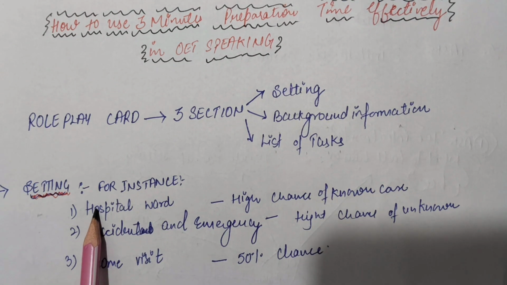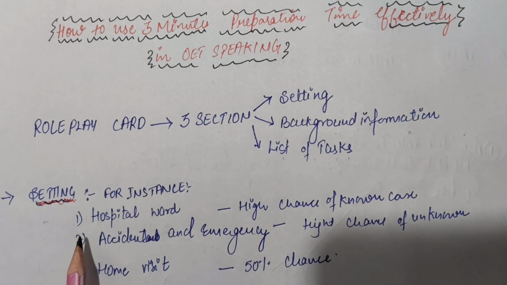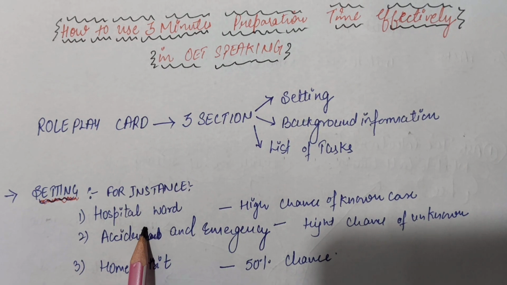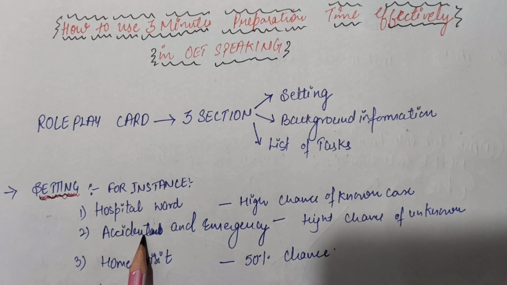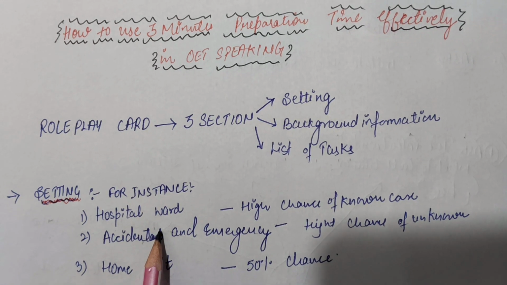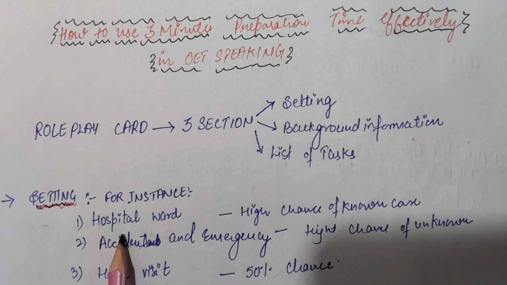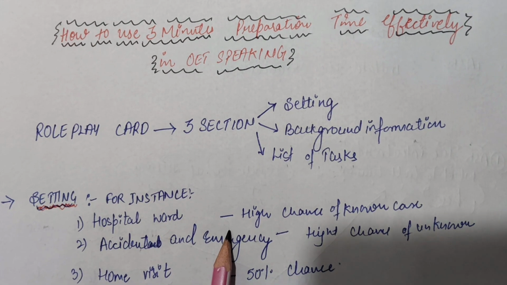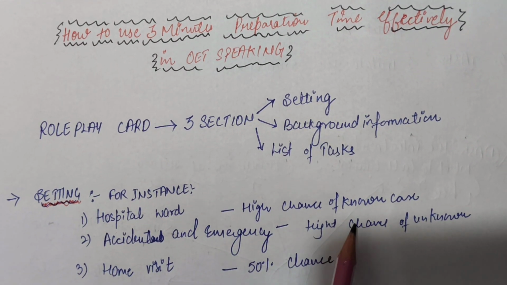So in setting, for instance, the first is hospital ward. With the help of setting, we can easily find out whether it is a known case or an unknown case. For a hospital ward, we can assess that there is a high chance of a known case.